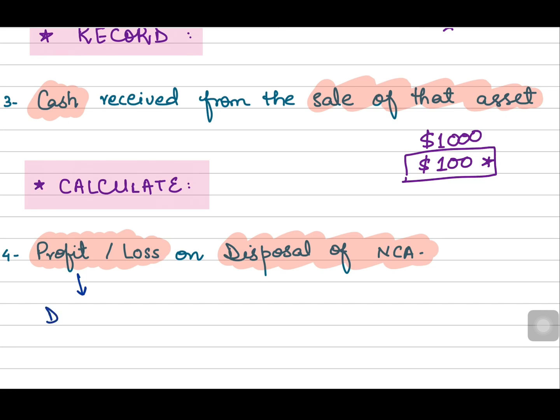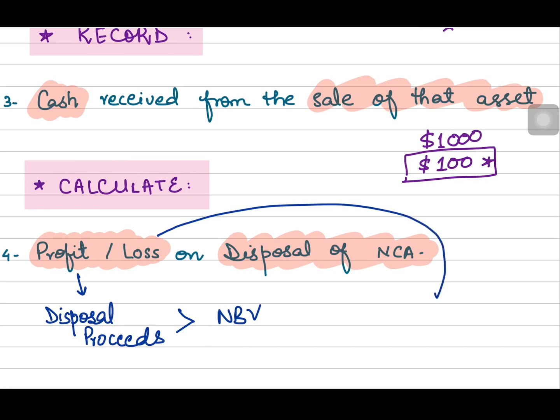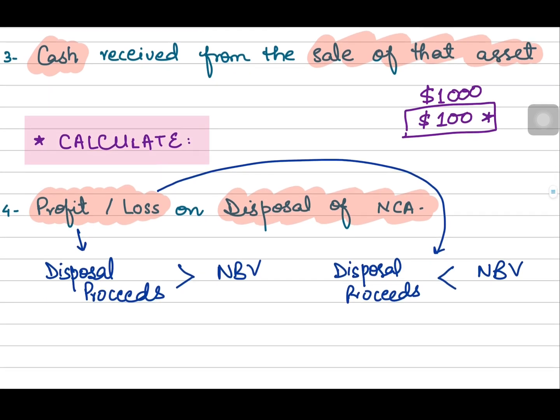So if the disposal proceeds, whatever you are receiving from the sale of that non-current asset, are greater than the net book value of that non-current asset, then there is a profit. And when can there be a loss? There can be a loss if the disposal proceeds from the sale of that non-current asset are less than its net book value, cost less accumulated depreciation.